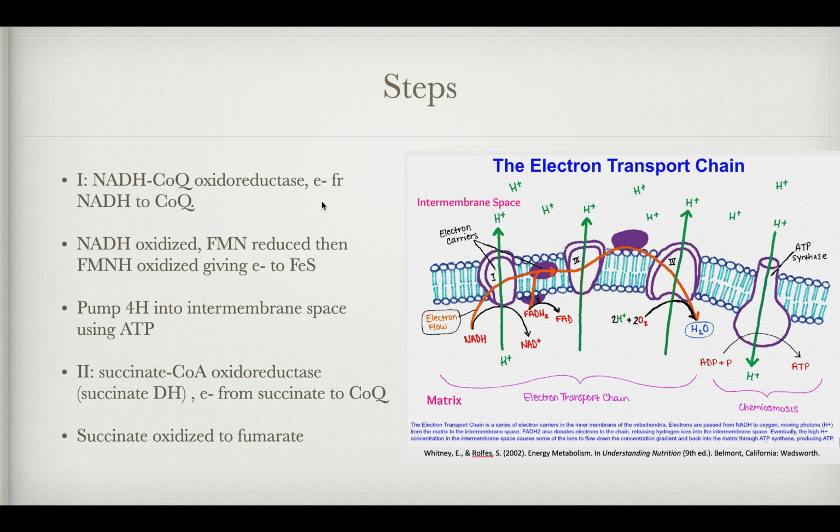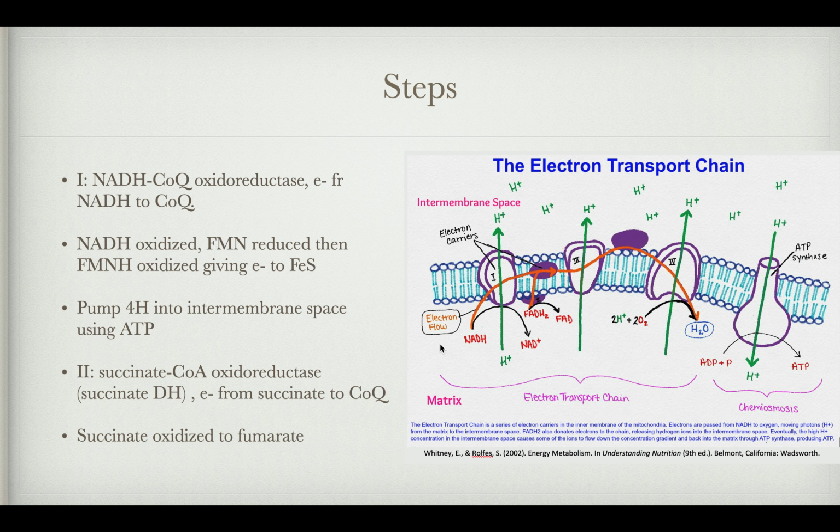Okay, so that's the general step in the first complex, but it's a little bit more nuanced than that. So NADH is first oxidized, and then it will give its electrons to FMN. So the FMN is reduced into FMNH2, which is oxidized, giving electrons to the iron sulfur centers, and then from there to the coenzyme Q. So it's a little bit complicated, but that's just the first step.